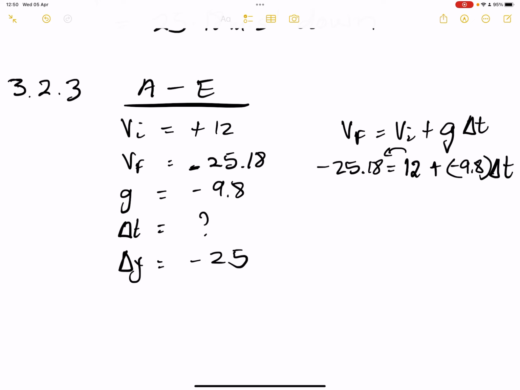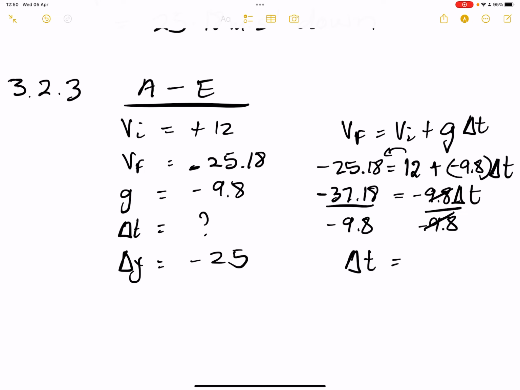So negative 25.18 minus 12 will give us negative 37.18, which is equal to negative 9.8 delta t. So negative 9.8, we can divide by it there. And what do we get?